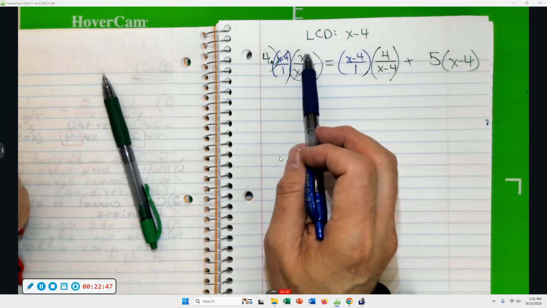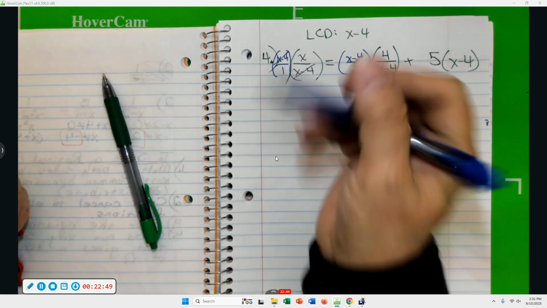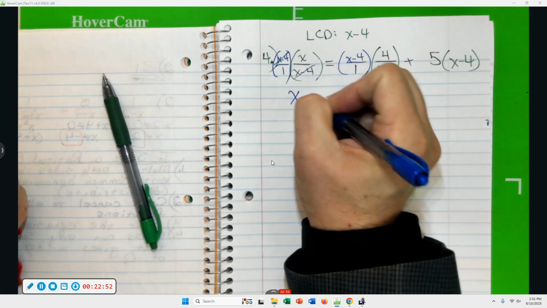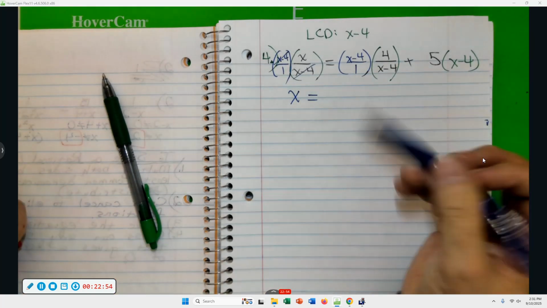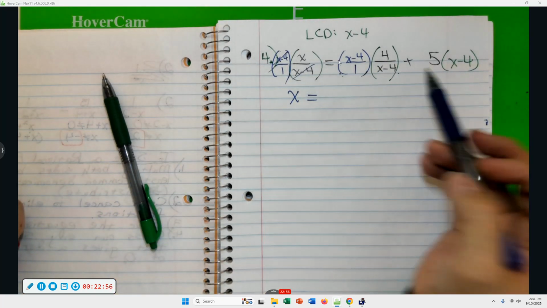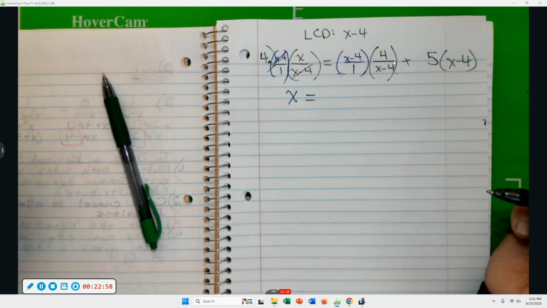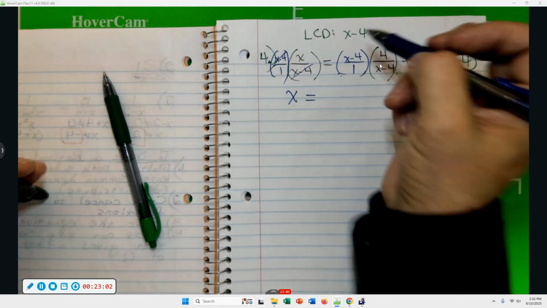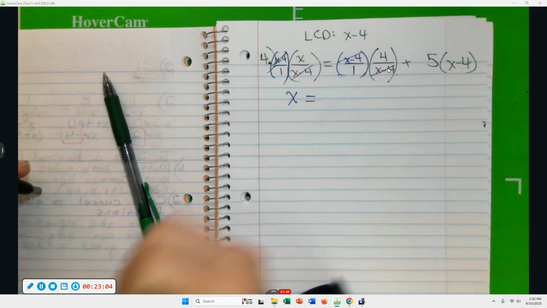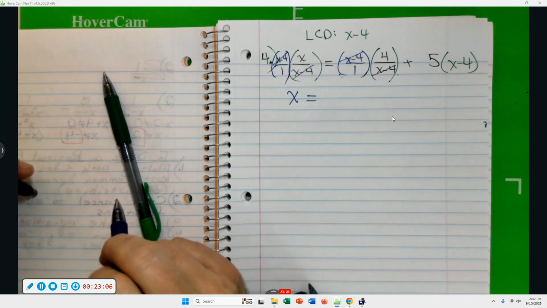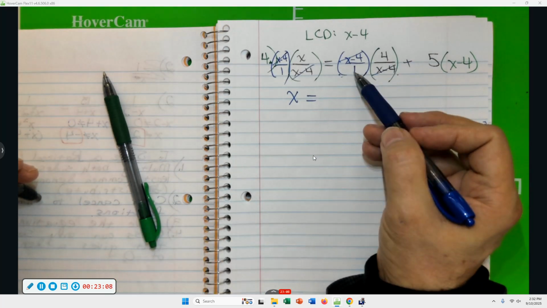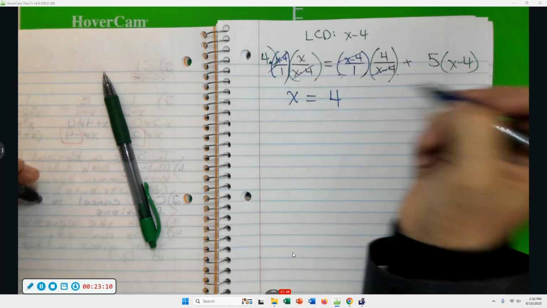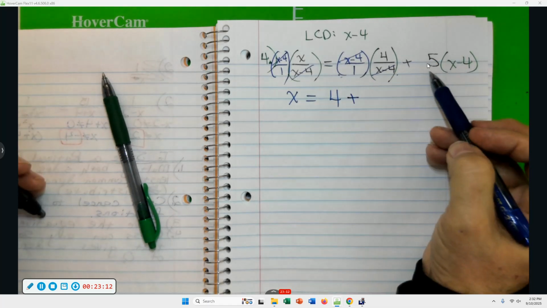The x over 1 reduces to x. The second product, what's going to cancel? The x minus 4s are going to cancel. What are we left with? Just a 4 over 1, which is just a 4, plus the third product.